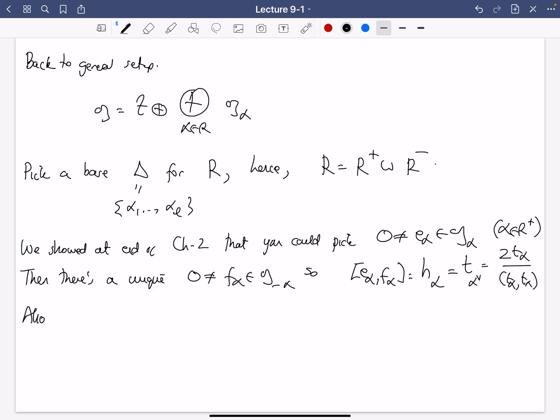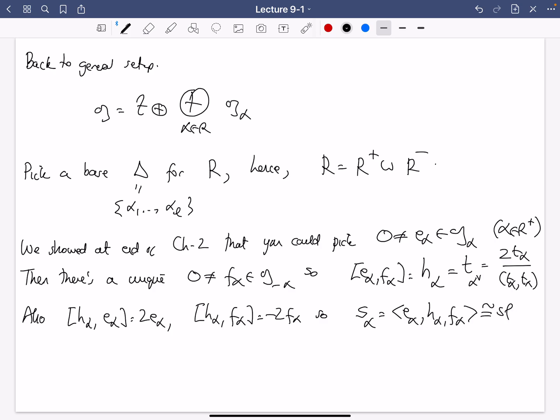And then also automatically H alpha E alpha is 2E alpha, and H alpha F alpha is minus 2F alpha, so that this subalgebra S alpha, the span of E alpha, H alpha, F alpha, was isomorphic to SL2 of C. So these were these SL2 triples which played a crucial role when we were proving those lemmas, constructing the root system in the first place, discovering these integrality axioms of root system.